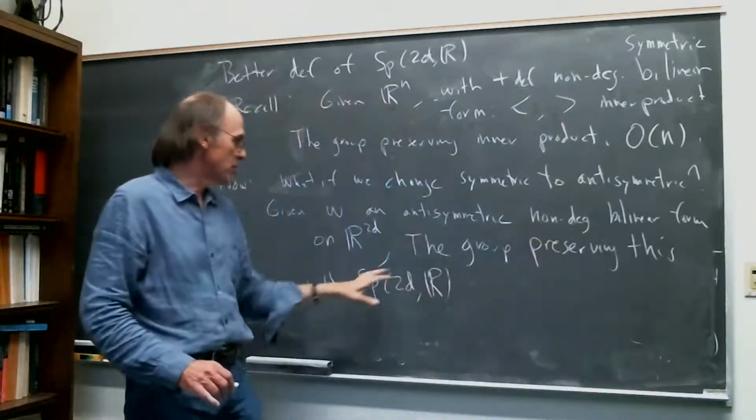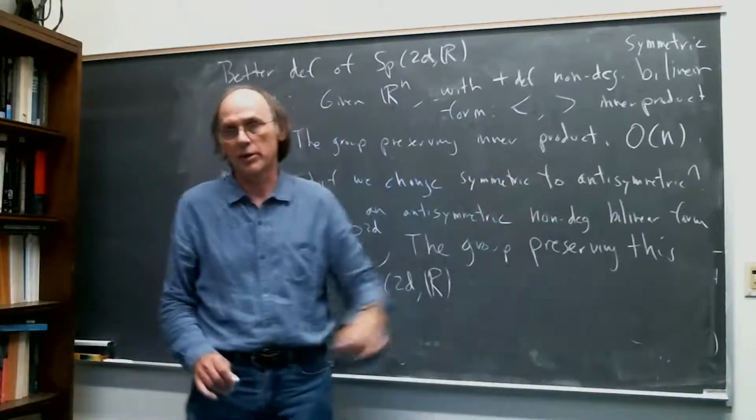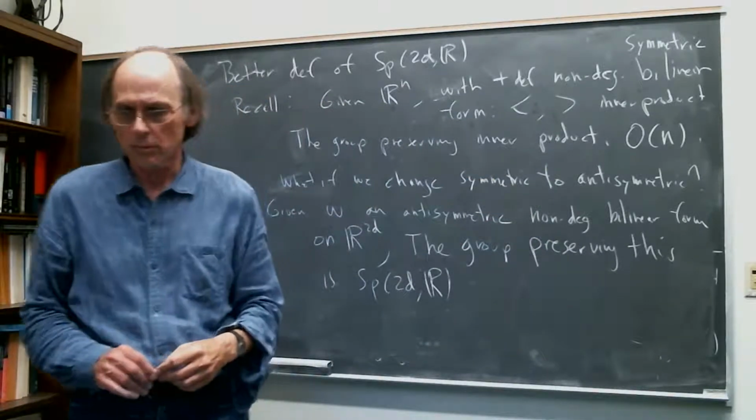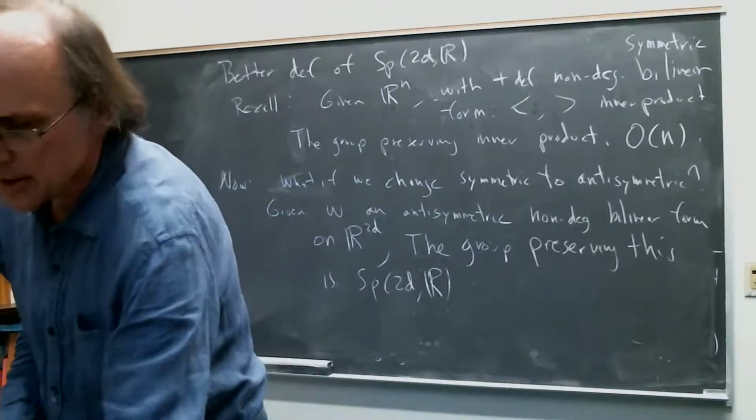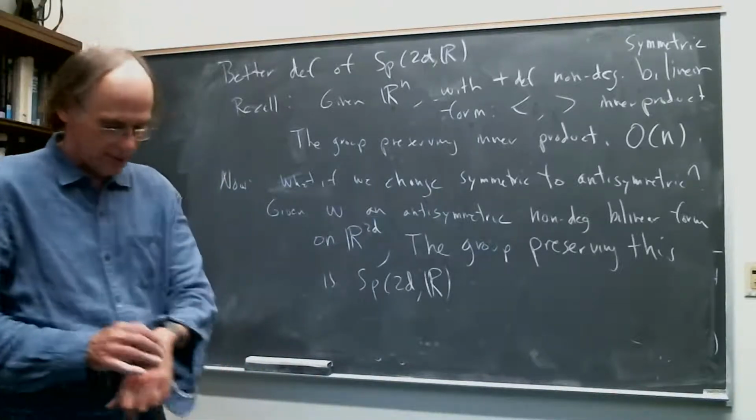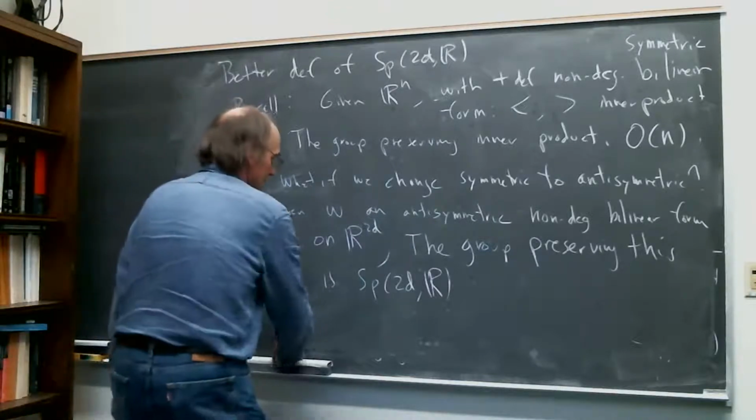This is the group preserving a standard antisymmetric bilinear form. Okay, and let me just say quickly before stopping, give you the simplest example.